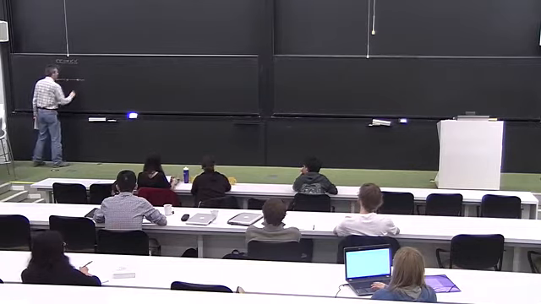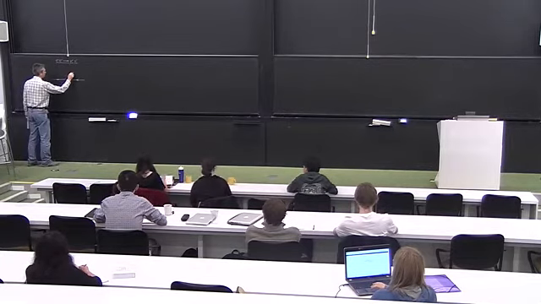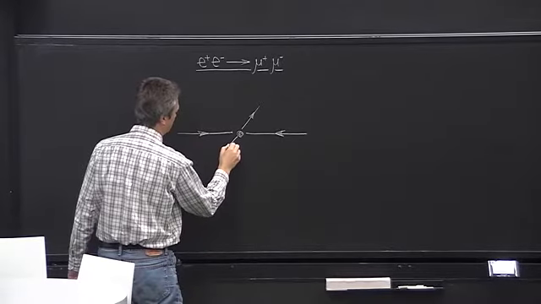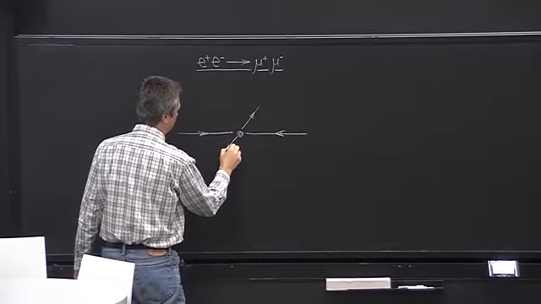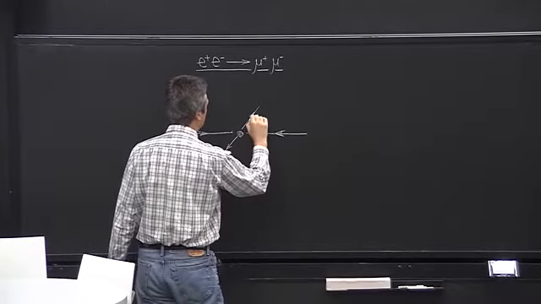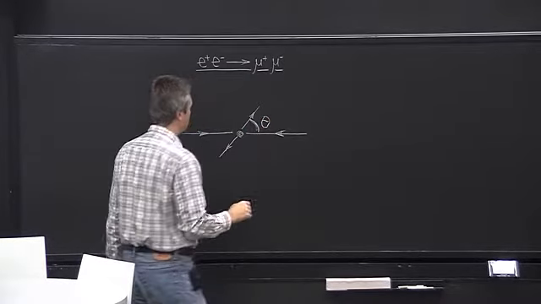And in particular, they can produce a pair of muons, which can fly in some direction that makes an angle theta with the original incident electron beams.